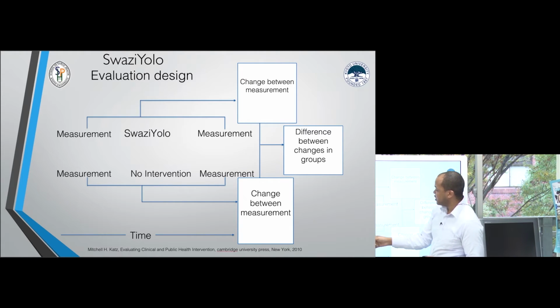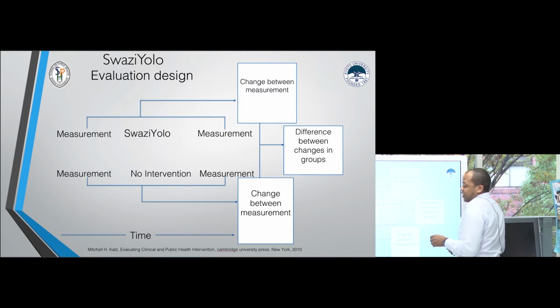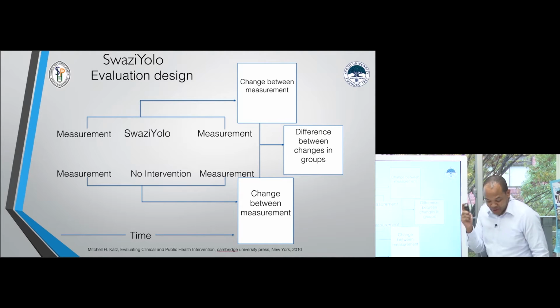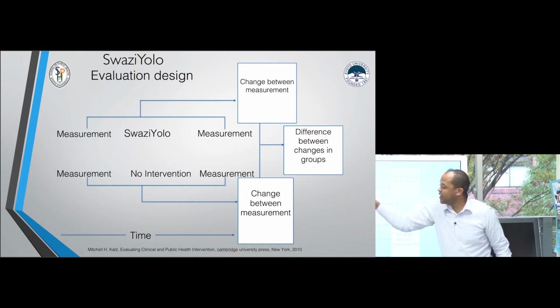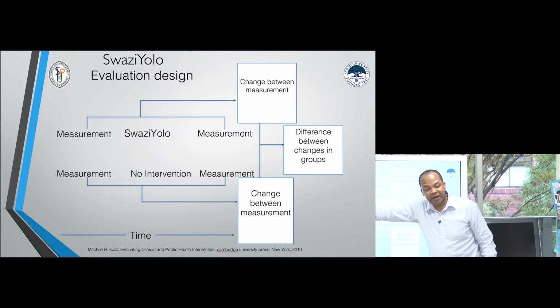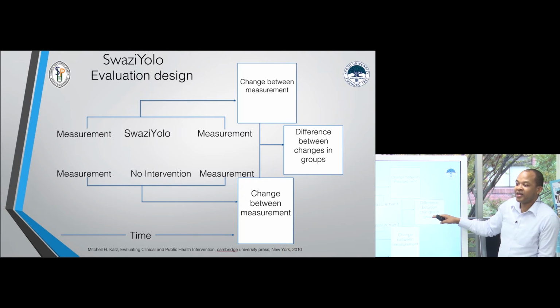Some interventions measure like this, both control and randomized group. I think the strongest intervention design is one that measures before and after for one group and before and after for the control group. And then measure the effect in the difference between the two groups.